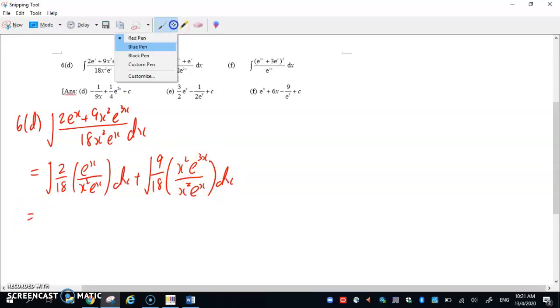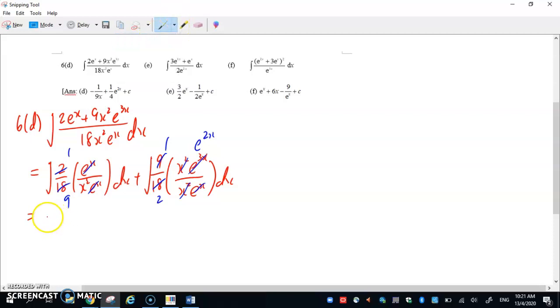So I can cancel these away, and get e to the power 2x. And of course you can simplify this and this.